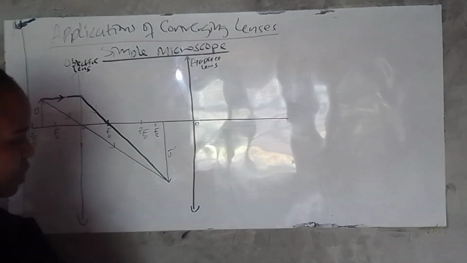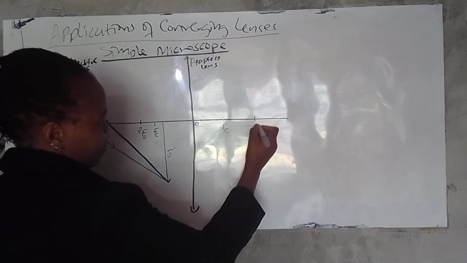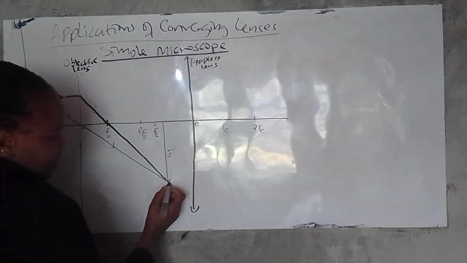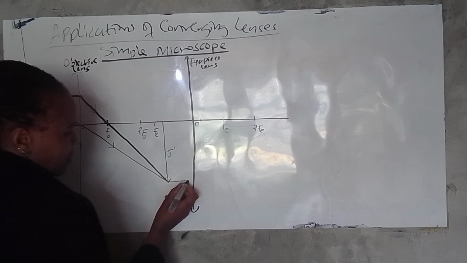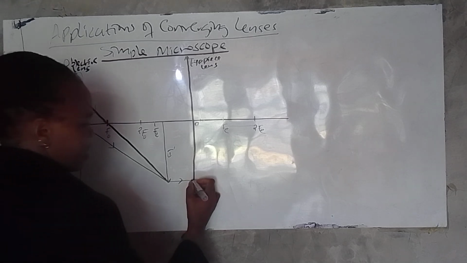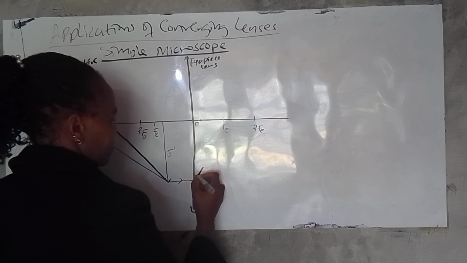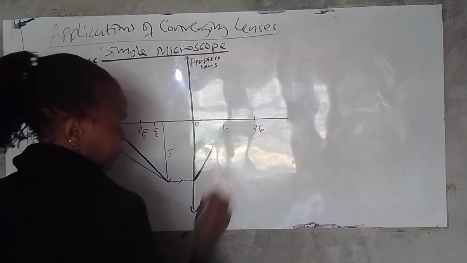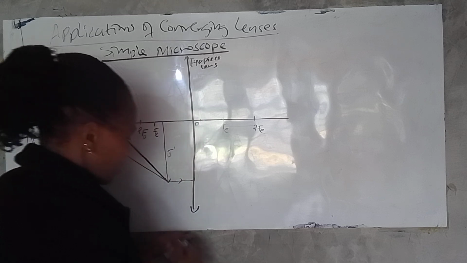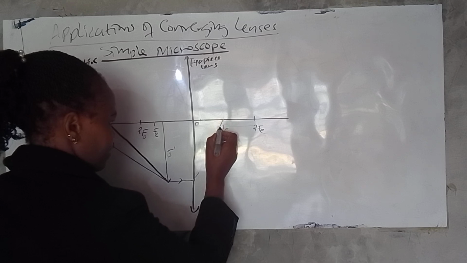Okay, so follow the rules. There is FE, and of course there is 2FE on that side. Now follow the rules. The ray that is parallel and close to the principal axis should be refracted to pass through the principal focus.